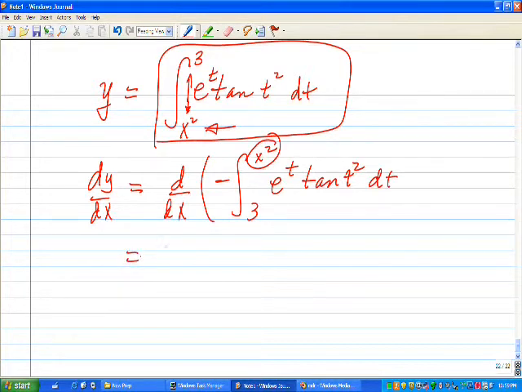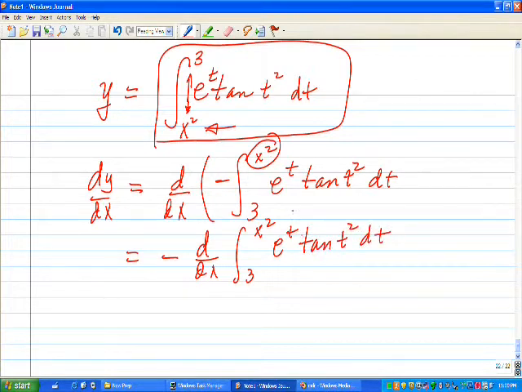So we can write this as minus d dx of the integral from 3 to x squared of e to the t tangent of t squared dt. And since we now have this at the top like we want it, we go ahead and substitute x squared everywhere we see a t.